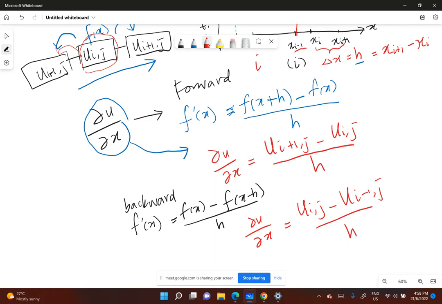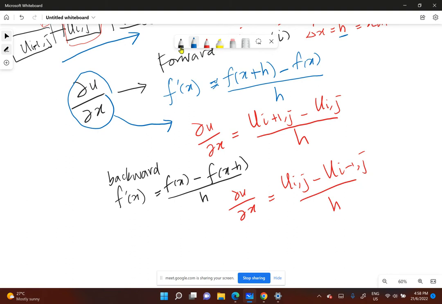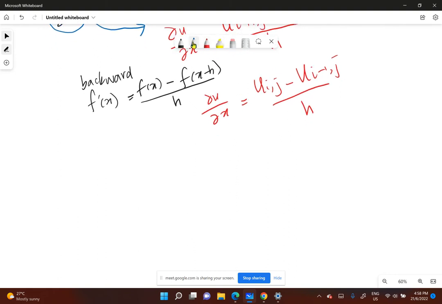Kalau second derivative, so far ini boleh. Ya, kita boleh guna forward, kita boleh guna backward, and we can use center. Sekejap lagi, center tu lupa saya. Central.